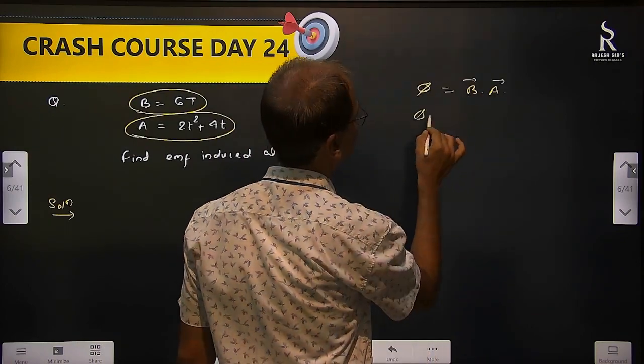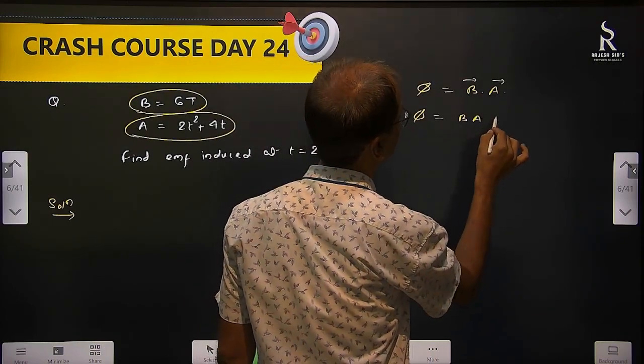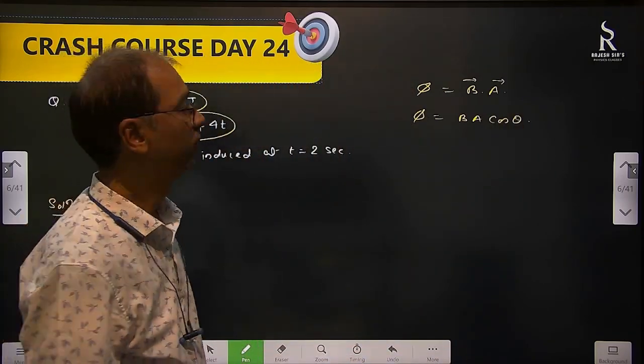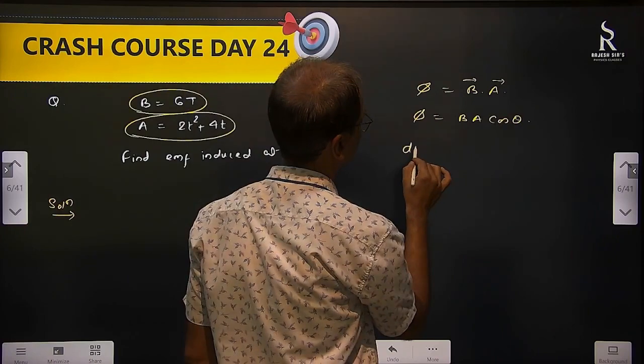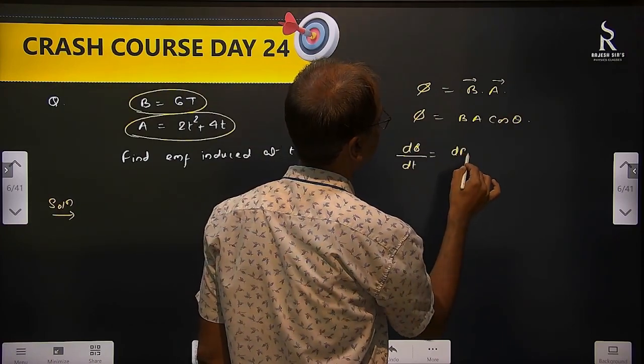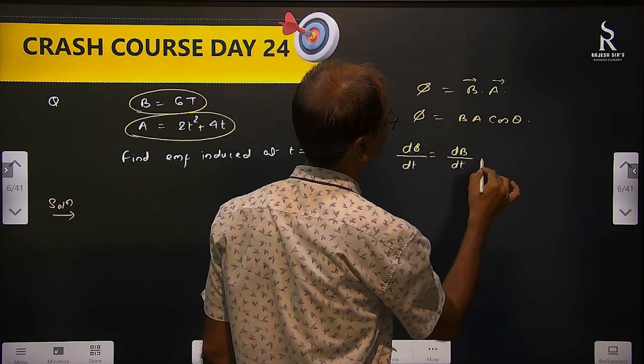So flux is B A cos theta. Flux can change if we change the magnetic field, so we can write dB by dt into A cos theta.